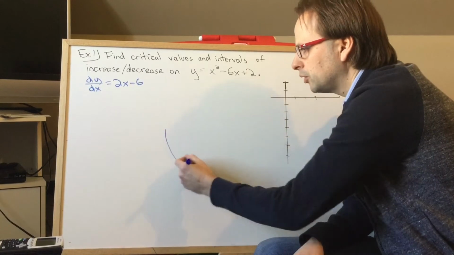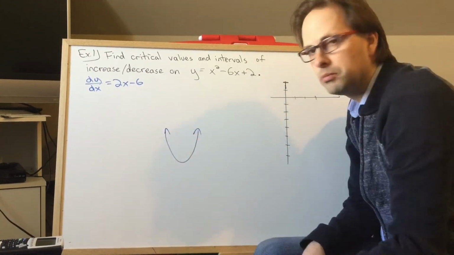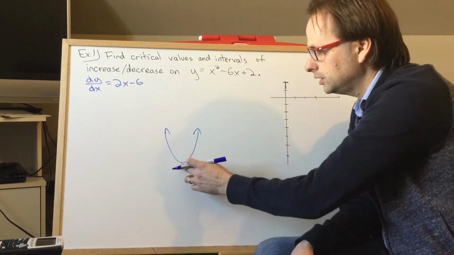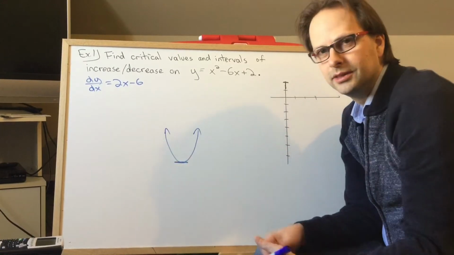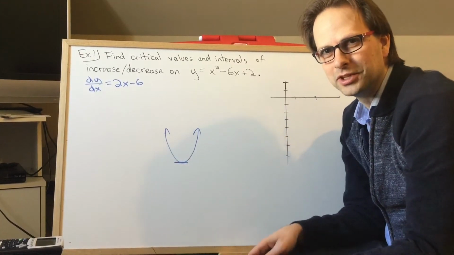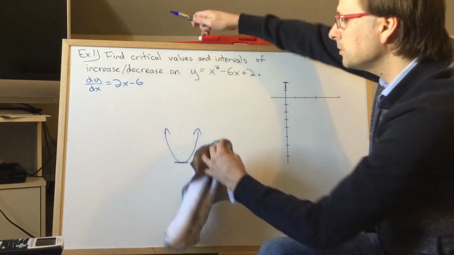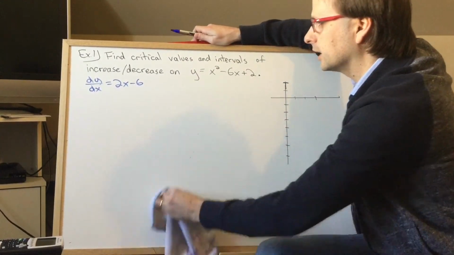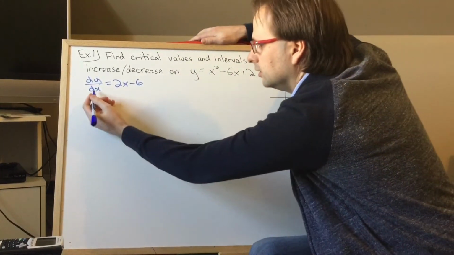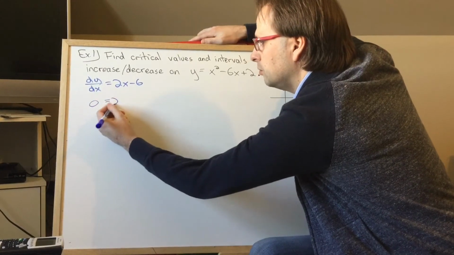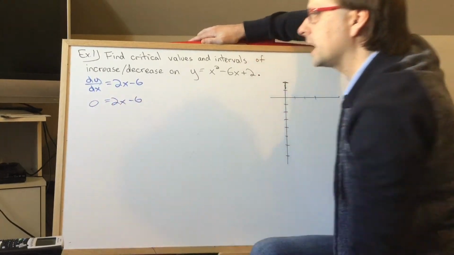Now if I think about a parabola, the most important point on a parabola is right here, where the slope is 0. That's where the magic happens. That's where the vertex is. So what I'm going to do is I'm going to hunt down that x value. I'm going to substitute 0 for slope and see where that happens.